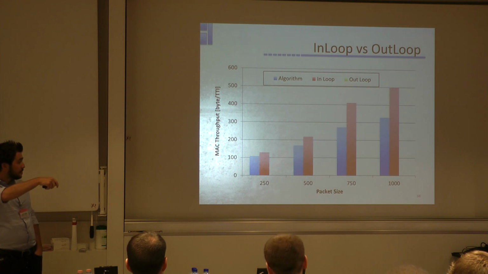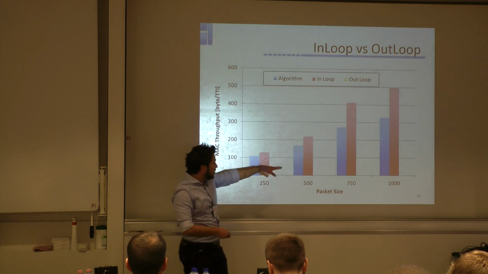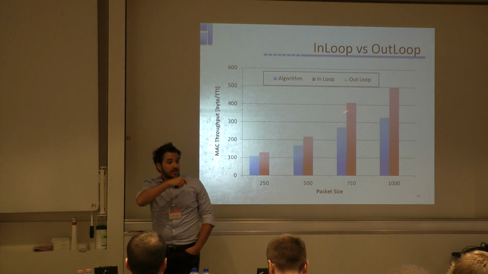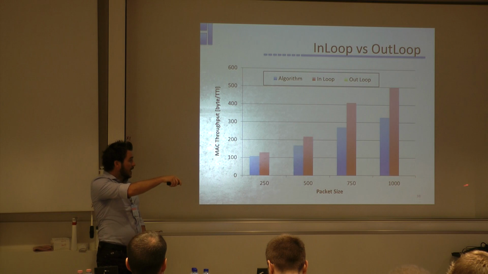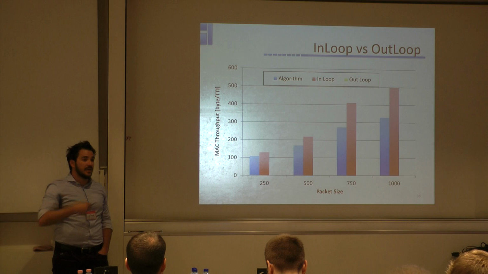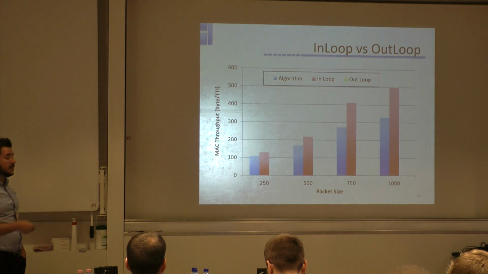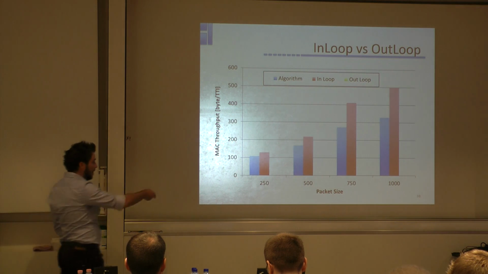As we can see, we have a lot of improvement in performance for high loads. For lower loads, we have kind of similar results, of course, because the network is quite empty here.